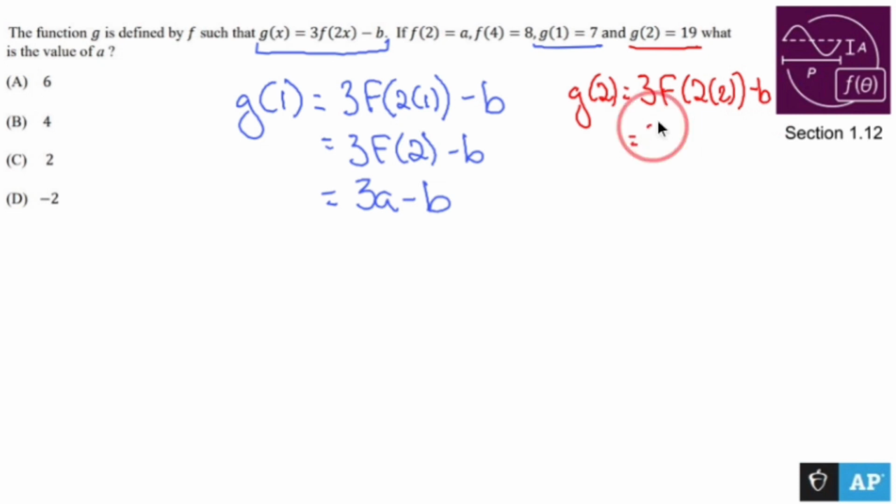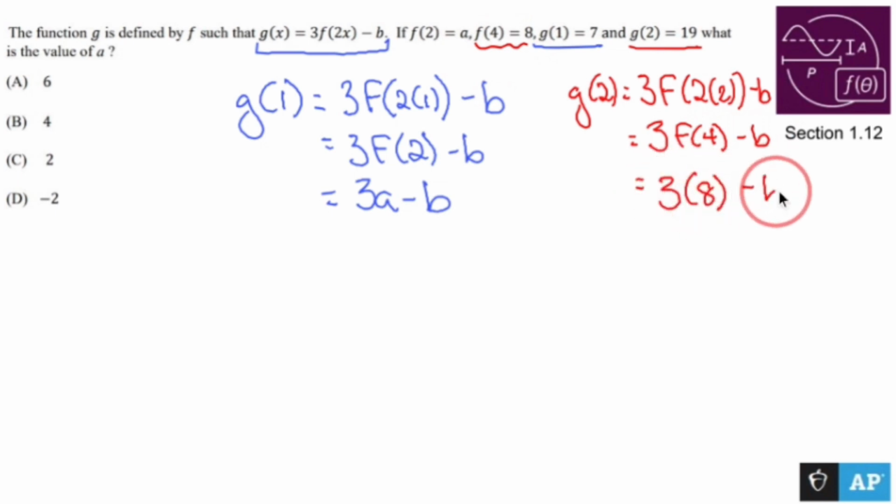That becomes 3 times f of 4 minus b. Oh, look, f of 4 is 8. So 3 times 8 minus b is going to be 24 minus b.